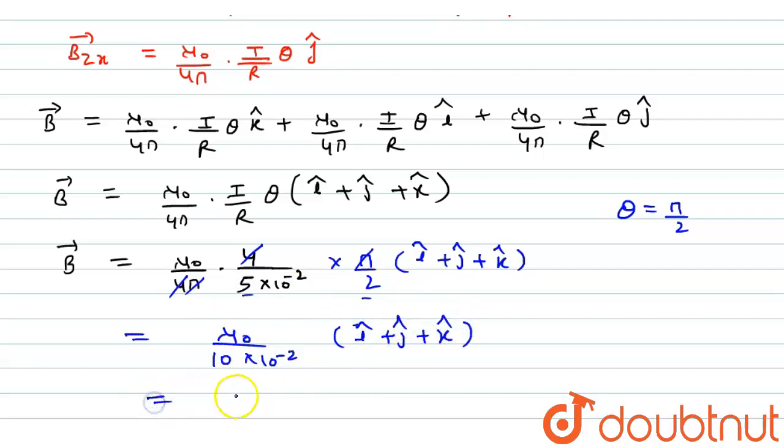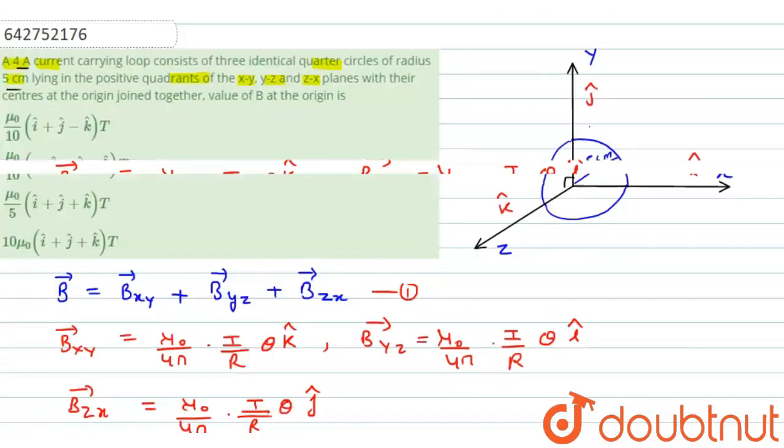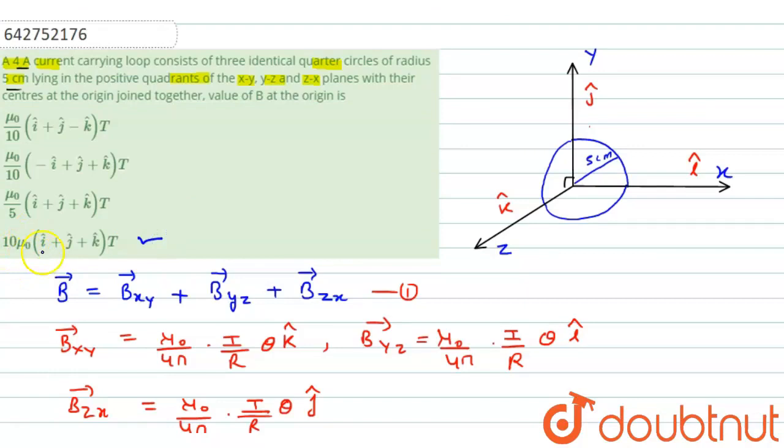So it will be equal to 10 mu naught (i cap plus j cap plus k cap). So the answer of this question is option D, 10 mu naught (i cap plus j cap plus k cap) Tesla.